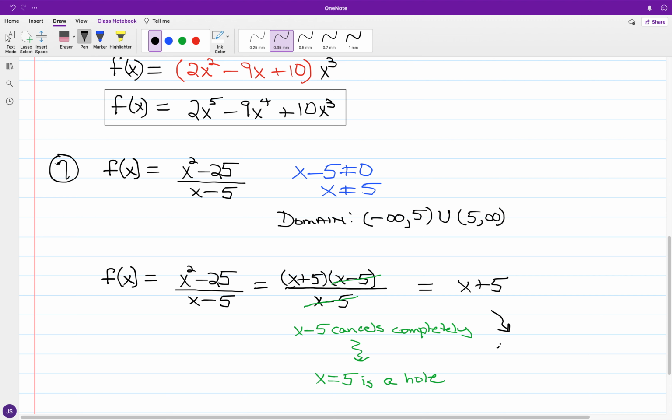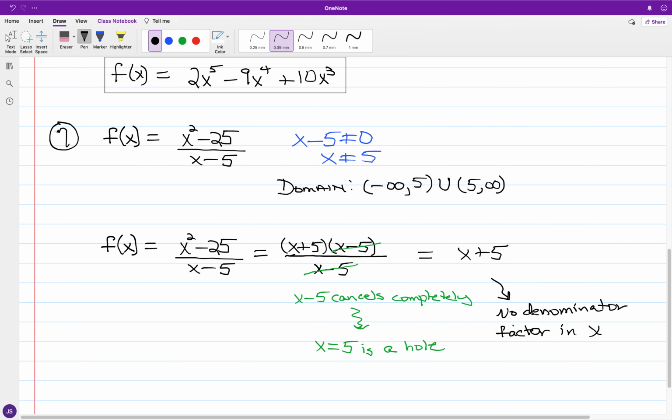And if you notice, there is no denominator factor in the variable x. So since there is no denominator factor in the variable x, this means that there is no vertical asymptote. No VA, as in vertical asymptote.